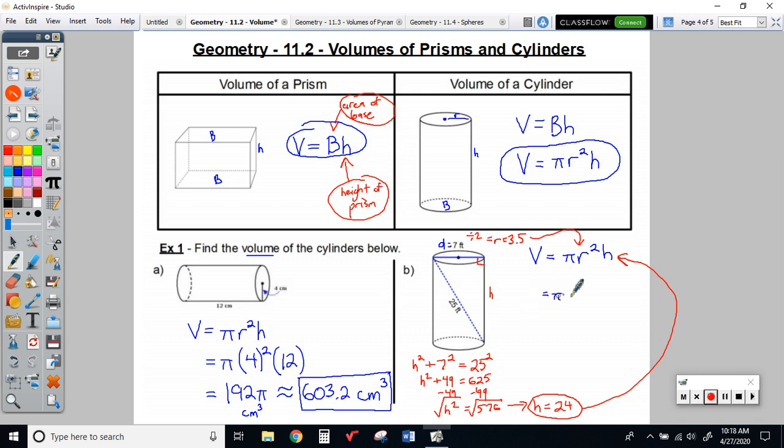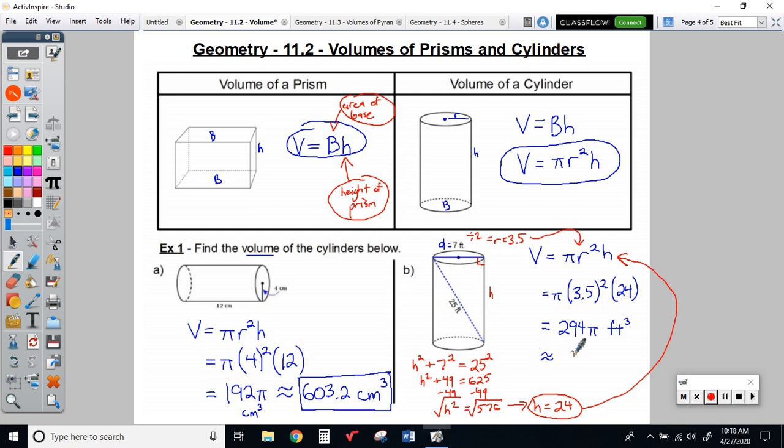So you've got pi times 3.5 squared times 24. Doing the work on a calculator, 3.5 squared times 24 ends up being exactly 294. And you have that times pi, so that would be in feet cubed in pi form, or exact form.